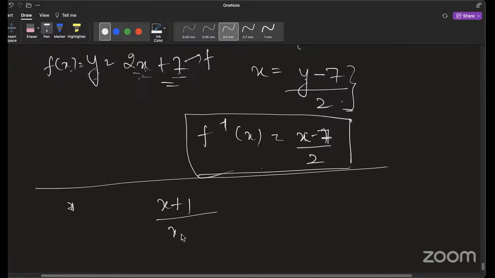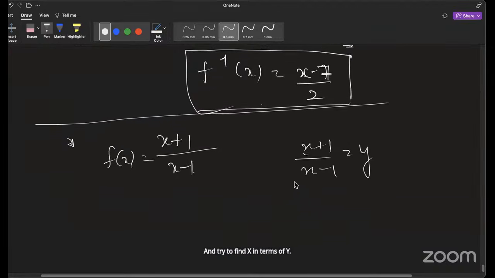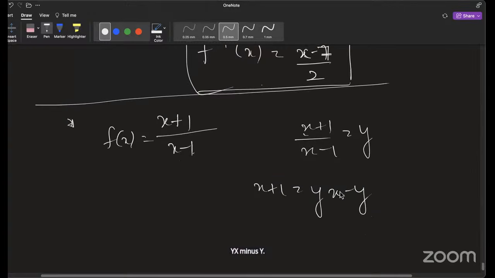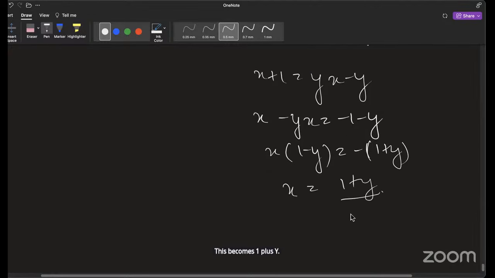Let's take up another example. Let's take this one. If you have this as f(x), first you equate this thing to y and try to find x in terms of y. You'll get y x minus y equals x plus 1. Take this thing here: yx minus x equals 1 plus y, so x is (1 plus y) by (y minus 1).